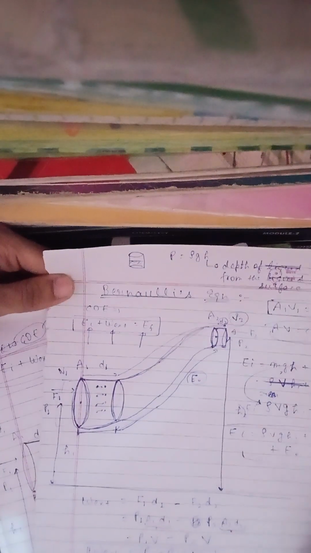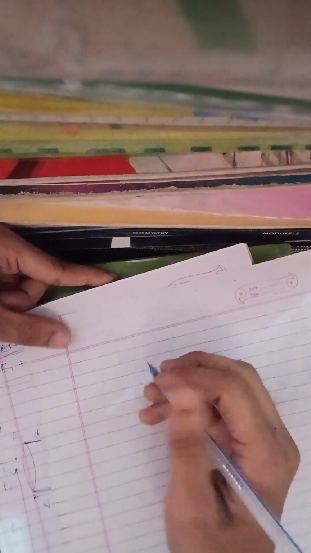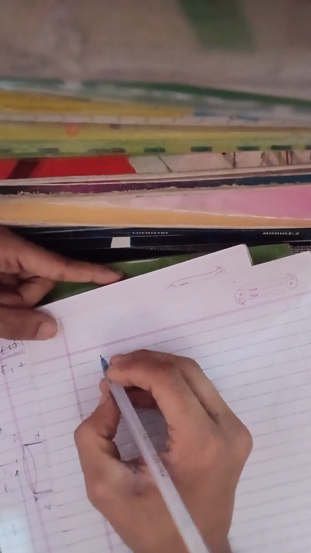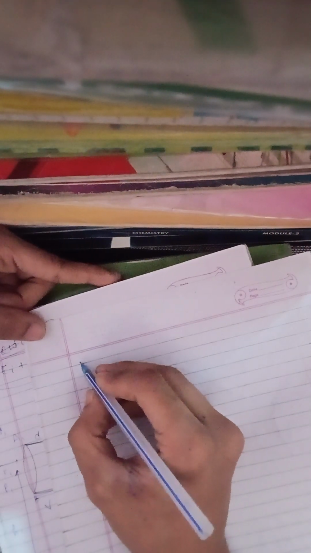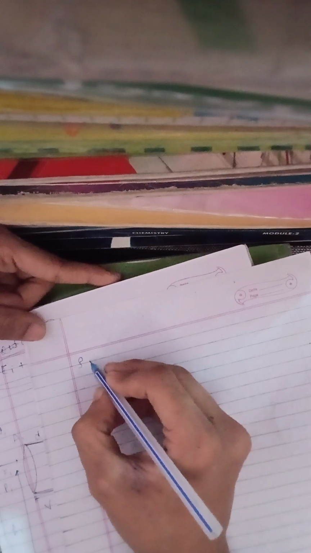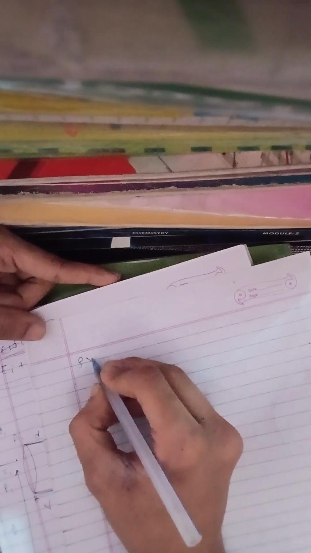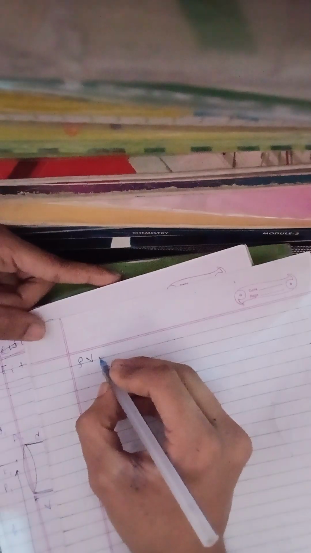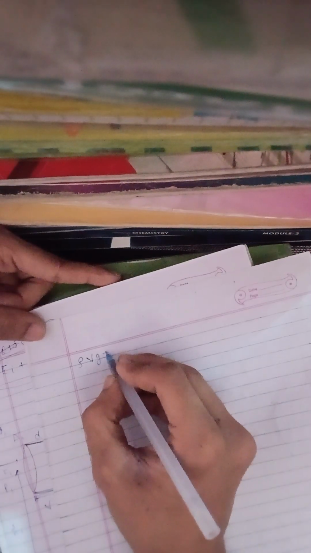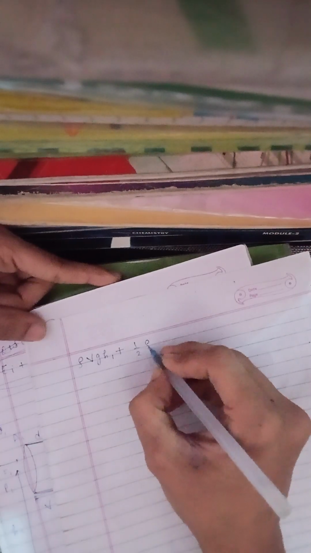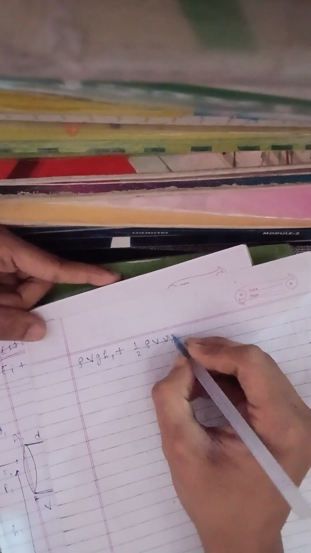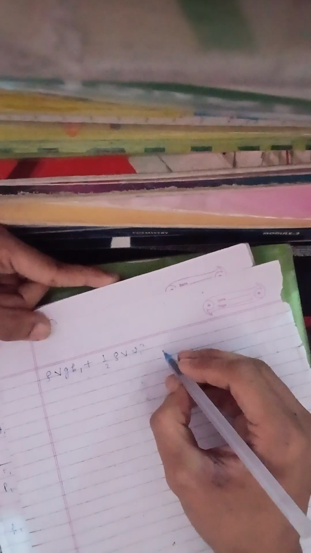Let's write them here. We had energy initial, which was rho V g h1, then half rho V v1 squared. That's energy initial.